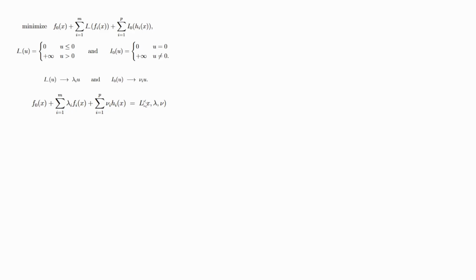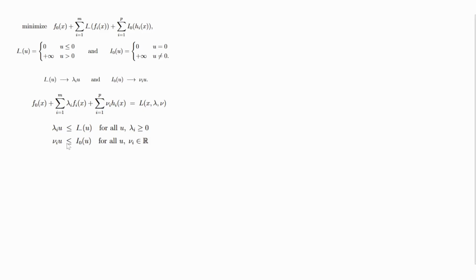So the big idea is that this is a linear penalty, lambda I times u and v I times u. But the linear penalty, the soft linear penalty, is always an underestimator of the indicator function. Why is that true? It's because lambda I u is always less than or equal to the indicator function minus of u.